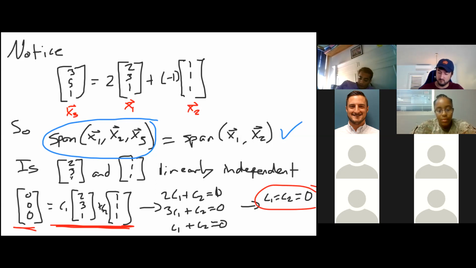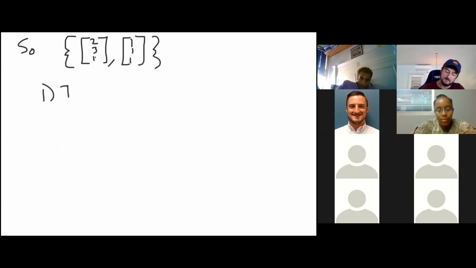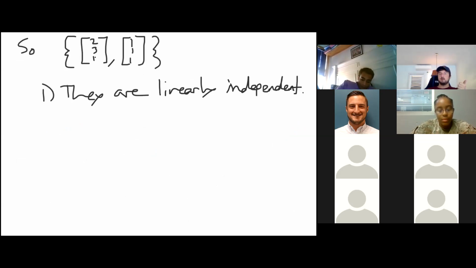I got to get a new board. So we're just considering the set of vectors 2, 3, 1, and 1, 1, 1. First off, we know that they are linearly independent.